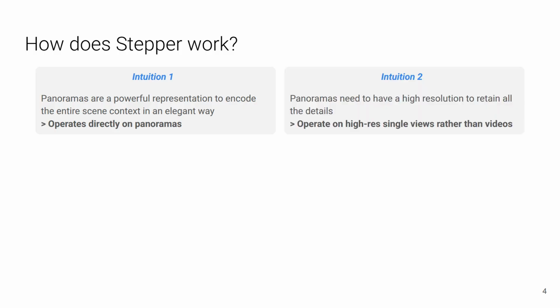Secondly, from Matrix 3D, we realize that panoramas need to have a really high resolution to retain all the details and to ensure that the final scene is of high quality. Therefore, we aim to operate on high-resolution single views rather than panoramic videos, which always have a resolution trade-off.